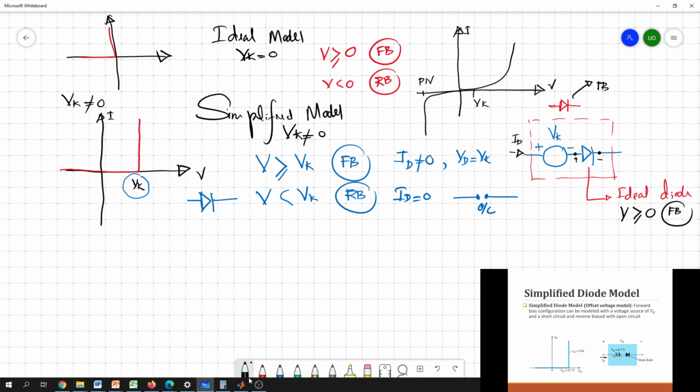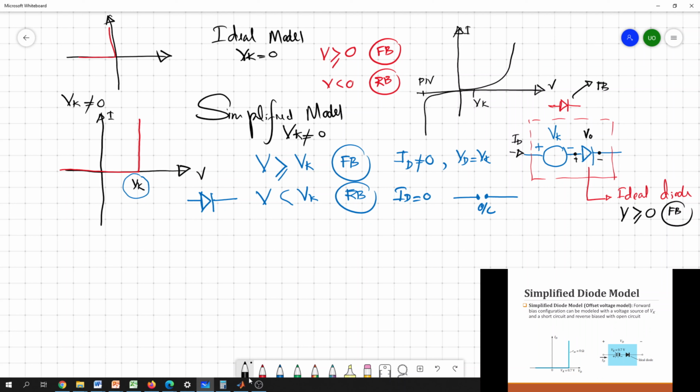At the same time, it should maintain a voltage of Vk. To make this current flow through the network, this ideal diode should definitely be forward biased. It means we have to maintain at least zero voltage drop across these two terminals. Let's assume the voltage drop across this ideal diode is V0.